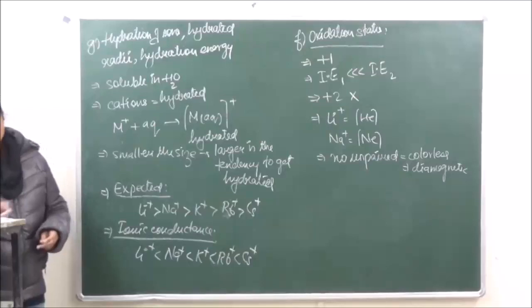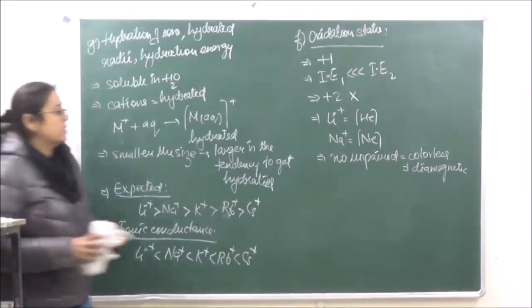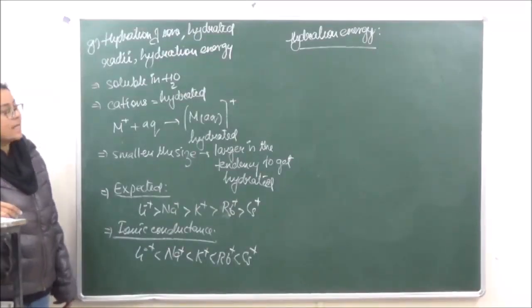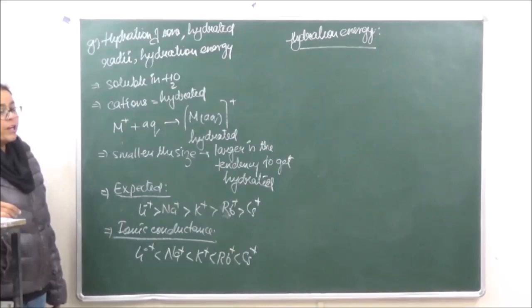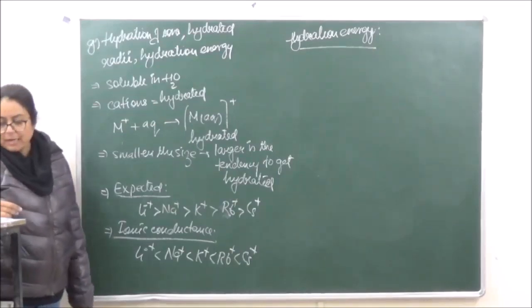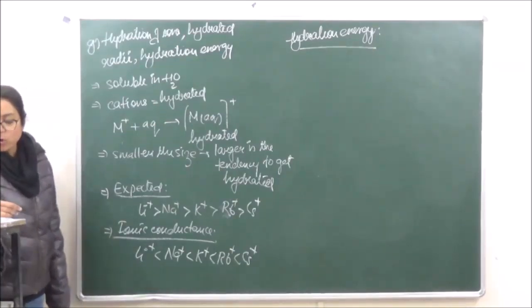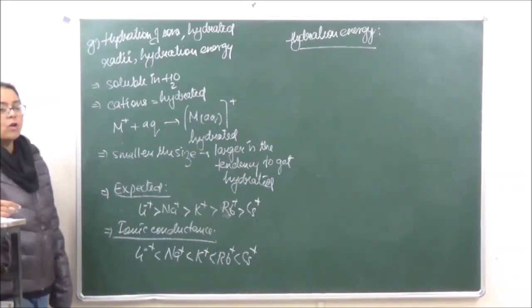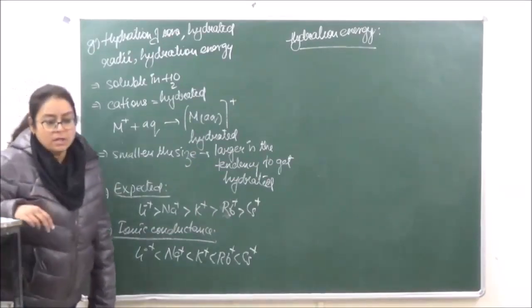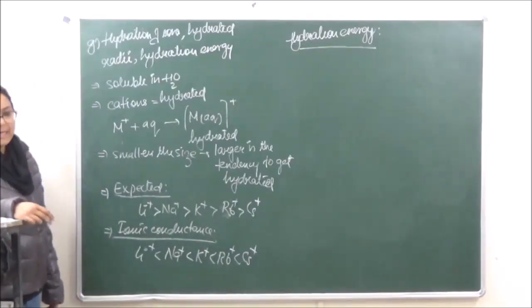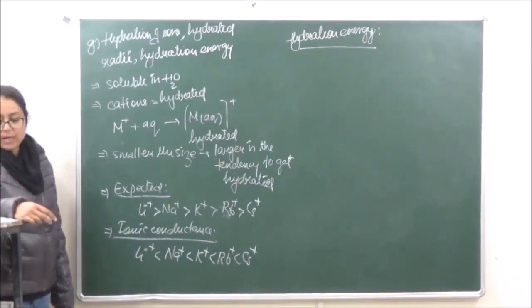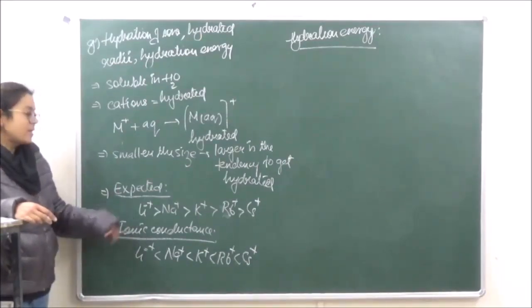So now, what is hydration energy? Hydration energy is the energy released, so it is going to be negative. It is the amount of energy released when 1 gram mole of an ion is dissolved in water to get it hydrated. Hydration energy will again decrease in the same order.